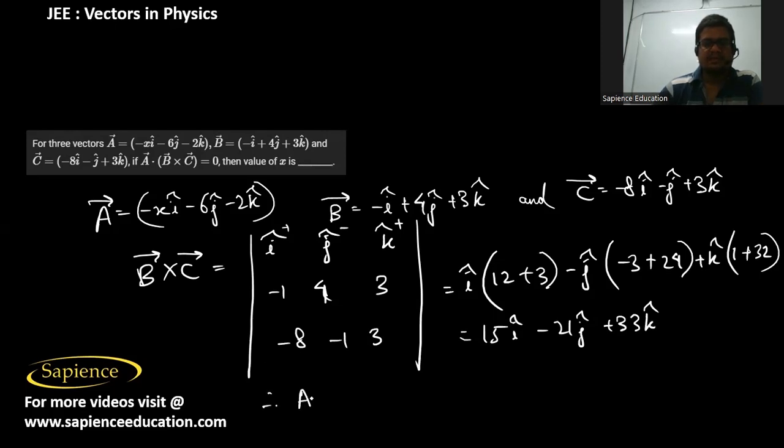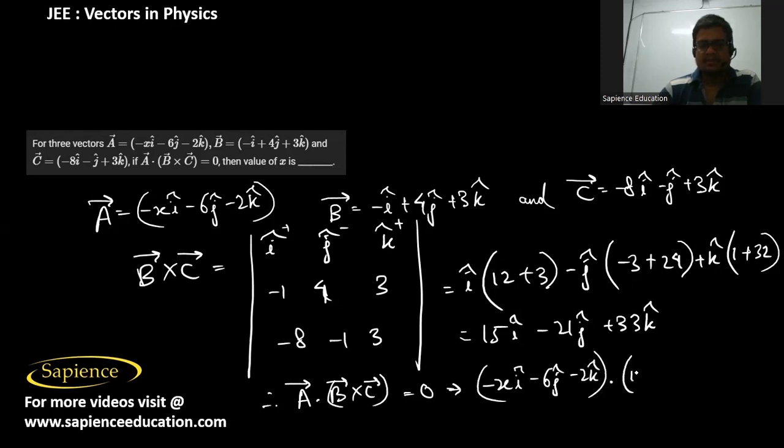And then it is told that a dot b cross c is equal to 0. So therefore we can say that minus x i cap minus 6 j cap minus 2 k cap, its dot product with 15 i cap minus 21 j cap plus 33 k cap, is equal to 0. So it means minus 15x plus 21 into 6 minus 2 into 33 is equal to 0.